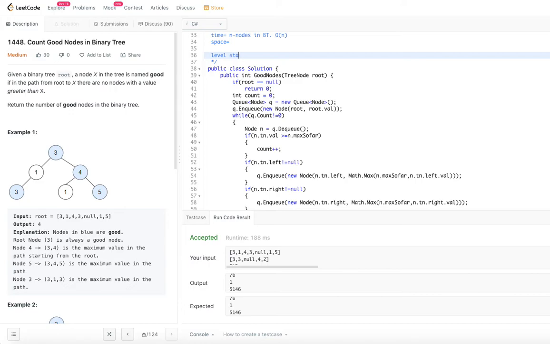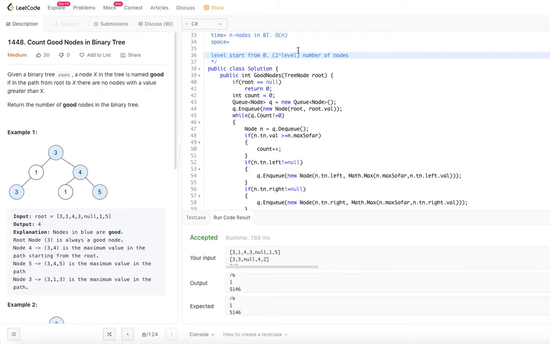Levels start from 0. So at a given level, there are 2 power level number of nodes in a given binary tree, right? So level L has 2 power L nodes, right?